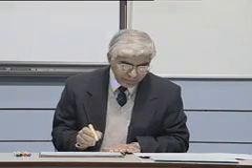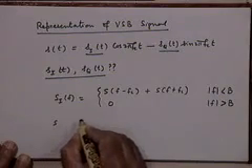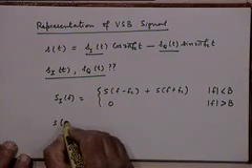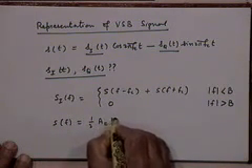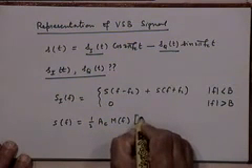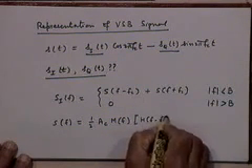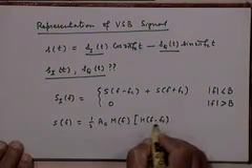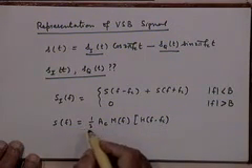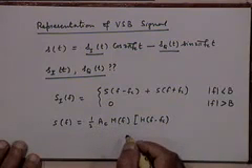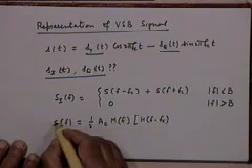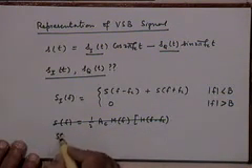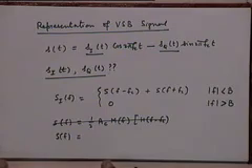Now you may recollect that we had written an expression for S(f) as half Ac times M(f) into H(f minus fc), sorry, it was not this. Your S(f) is your VSB signal.